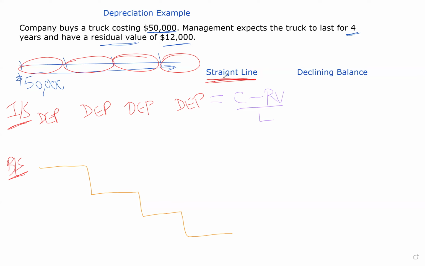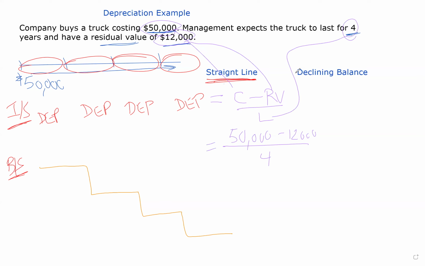So if we plug in these numbers, the cost of the truck was 50,000. The residual value or the salvage value or what we feel we could sell it for, that is 12,000. So minus 12,000 divided by the useful life. Well, that's going to be 4 years, over 4.